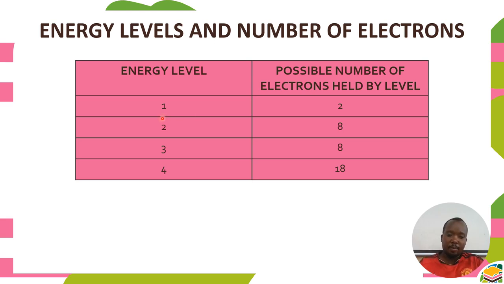While energy level number 2 will occupy a maximum number of 8 electrons. Energy level number 3 will occupy a maximum number of 8 electrons. Energy level number 4 will occupy a maximum number of 18 electrons.